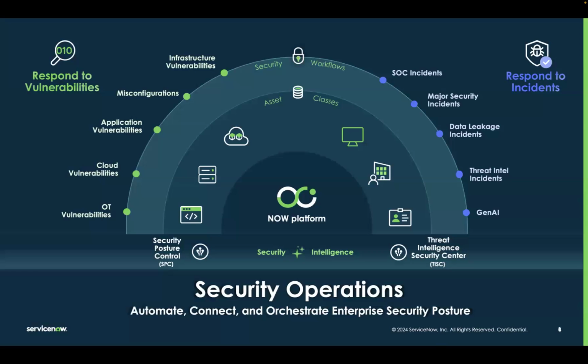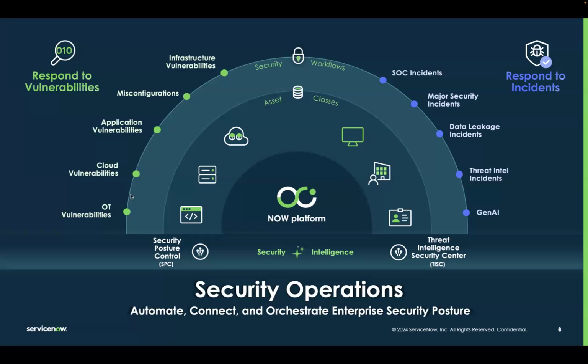So as many of you would be knowing, the security operations portfolio includes a suite of solutions that fit into two broad areas. On the one side, we have the ability to respond to vulnerabilities across cyber attack surfaces. And this is largely achieved through our vulnerability management solutions, including vulnerability response, as well as application and container VR.